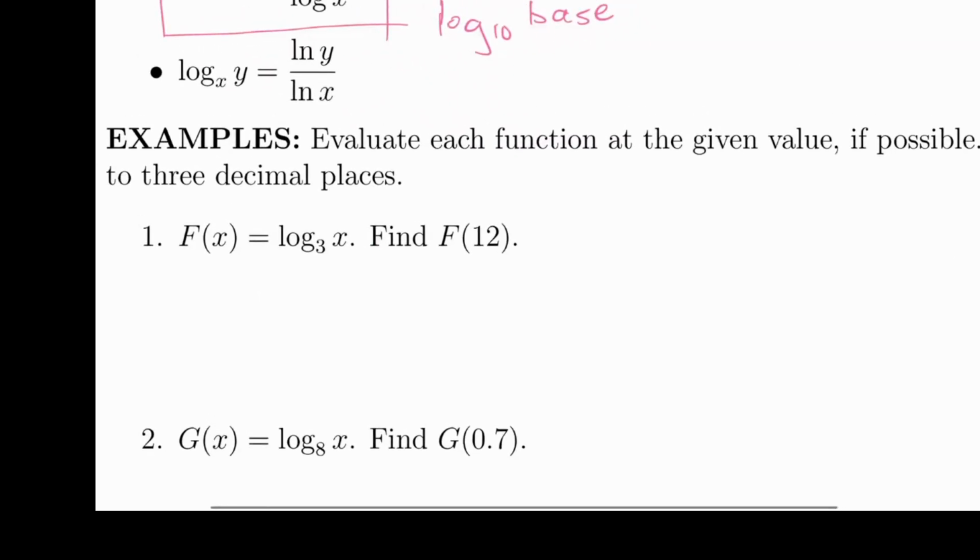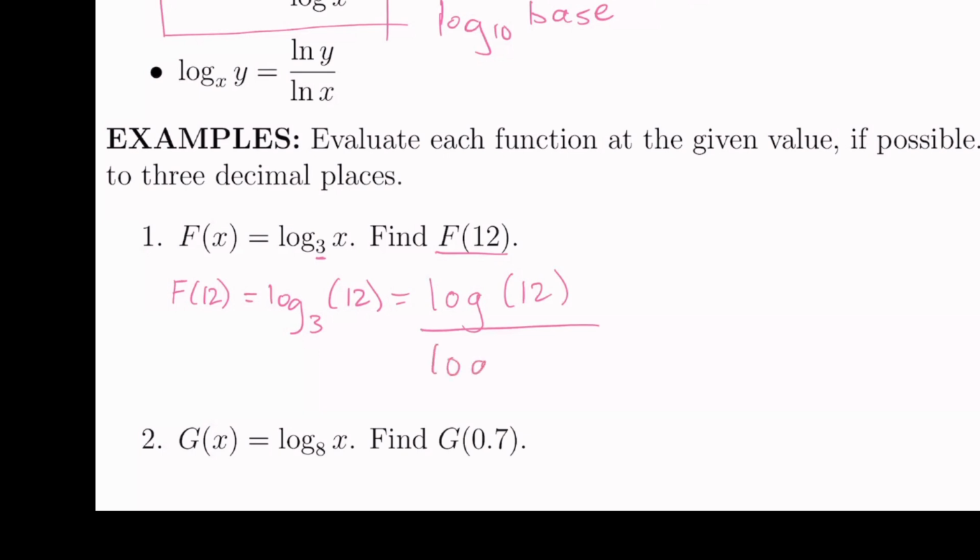So instead of having to figure out how do I put in log base 3, I want to find f of 12. So f of 12 is log base 3 of 12. My calculator doesn't have a log base function on it, the class calc. There's a way to get around it, which I'll show you, but the fastest way is just to take log 12 divided by log 3.